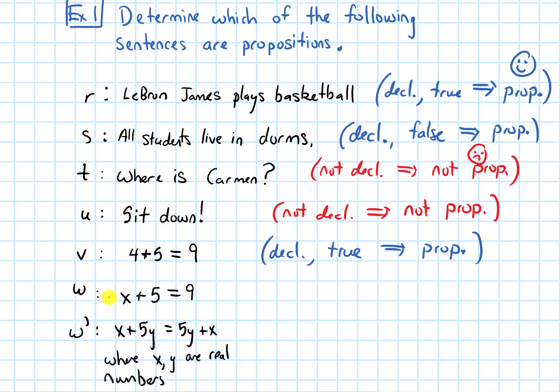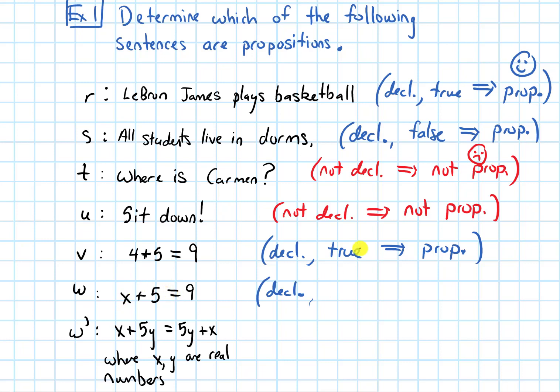Alrighty, what about W, which says x plus 5 equals 9? This is still declaring something. It's saying x plus 5 is equal to 9. It is declarative in nature. But sometimes this sentence is true, sometimes it's false. It depends on what x is. So I can't just definitively say this is always true, or this is always false.